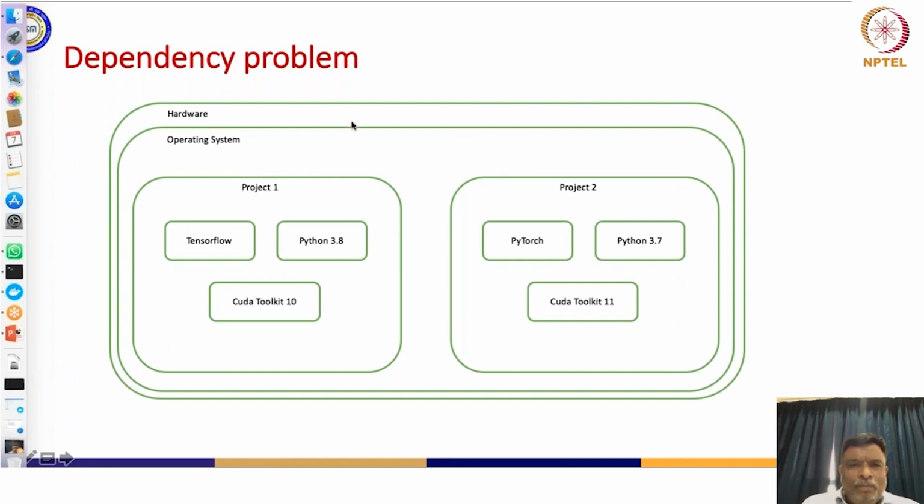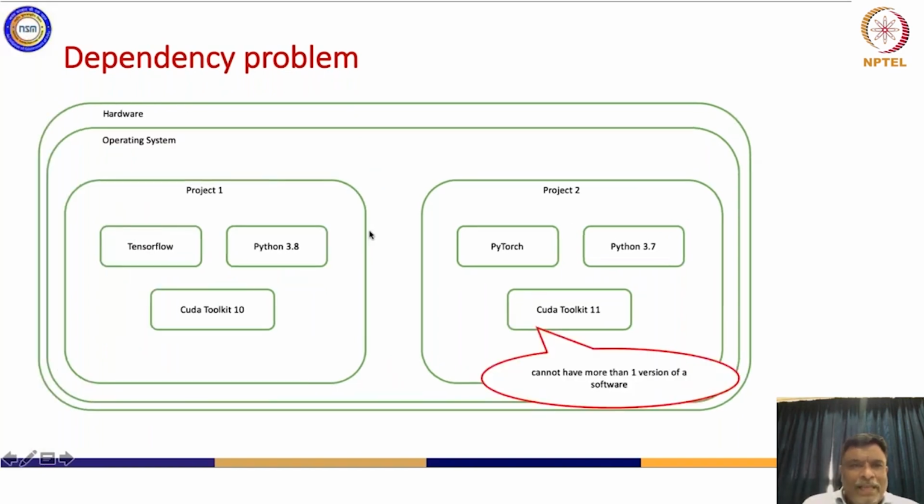If this is the scenario, what effectively happens is there is a dependency problem. Now, what is that dependency problem? You cannot have more than one version of a software because you will have clashes about the drivers, the toolkit, all of this, right? It all gets complicated. So if this person installs everything on this operating system, how are you going to use it? You cannot use it because you want CUDA Toolkit 11. The other person would have installed CUDA Toolkit 10.